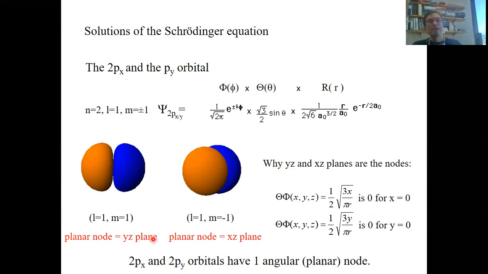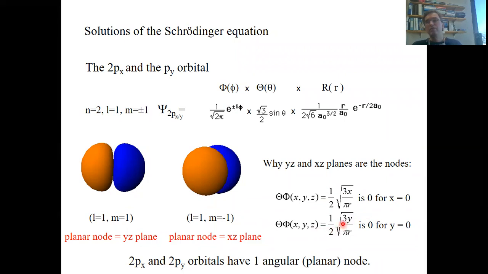And that again defines the dumbbell shape of this orbital, pointing now in x direction. And to the left of the yz plane, the algebraic sign of the wave function must be different in comparison to the right of the yz plane.